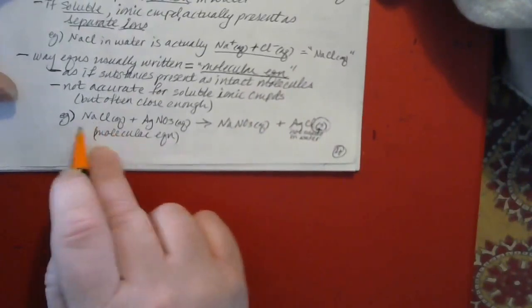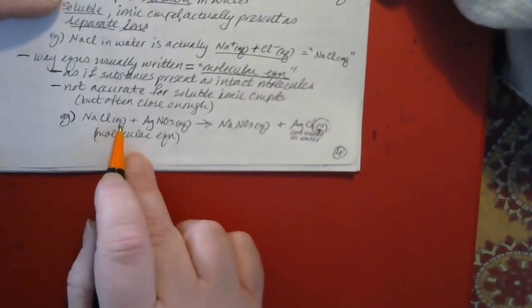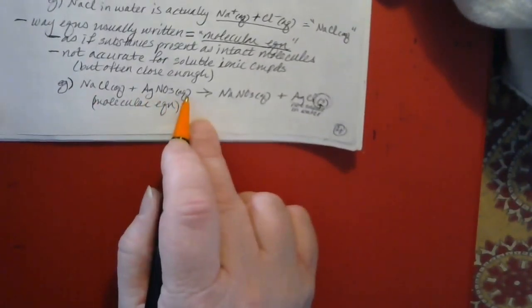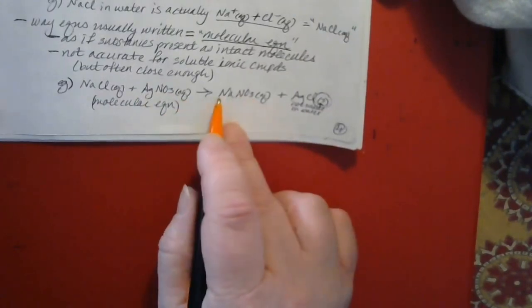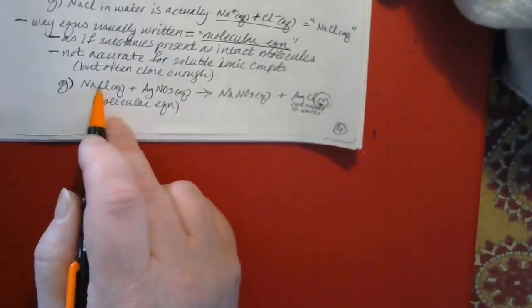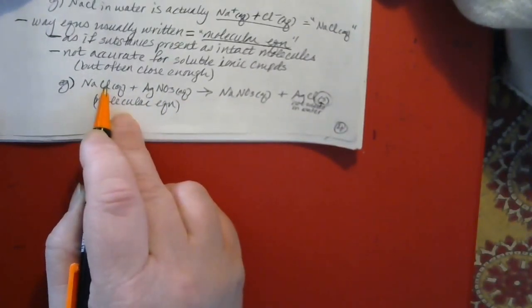So if you have, for instance, a reaction of sodium chloride dissolved in water with silver nitrate dissolved in water, the result will be basically an exchange of cations and anions. For sodium chloride, sodium is the cation, chloride is the anion.